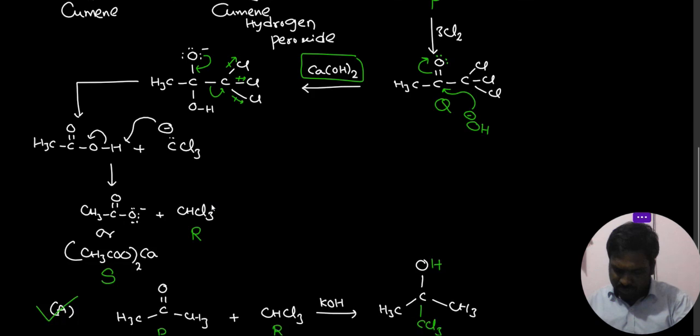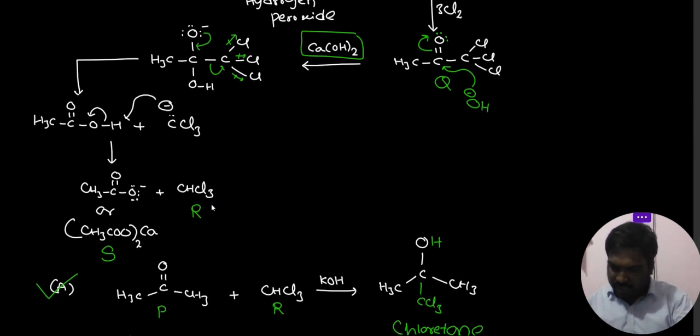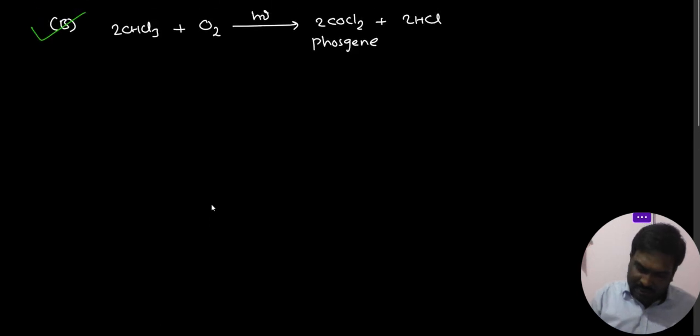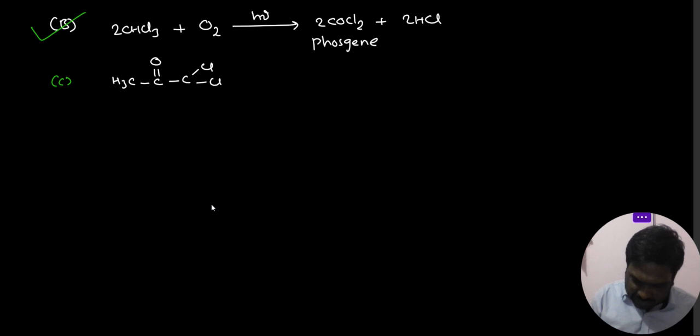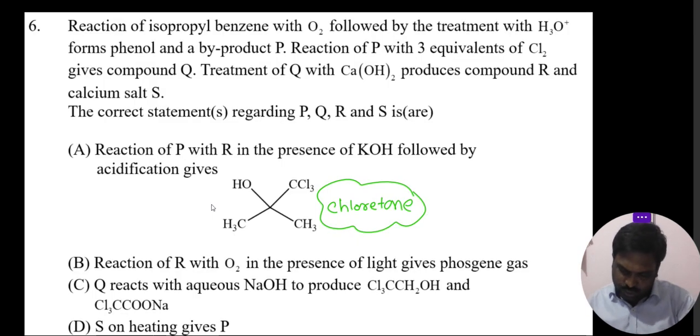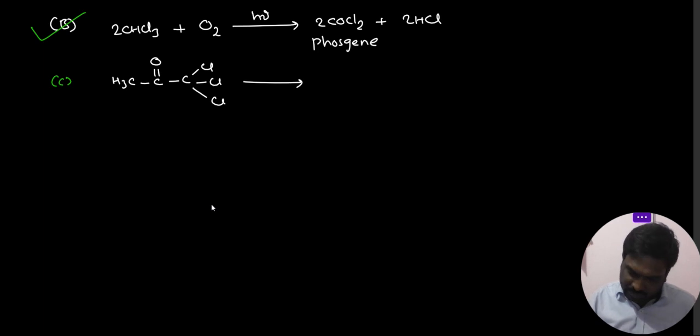Q is CH3 C double bond O CCl3, which reacts with NaOH, that is OH minus Na plus, by nucleophilic addition mechanism. Simply, it is a haloform reaction.